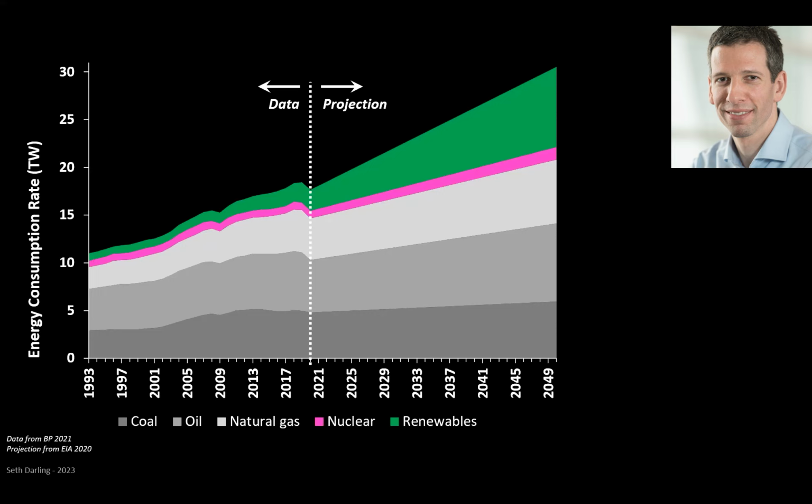Where does it come from? Today, all those shades of gray are the fossil fuels. That's where most of our energy comes from today. That's probably not a surprise for most of you. That's what got us into this mess. That's where all that carbon in the atmosphere is coming from. What might surprise some people is the projection going forward that this is not using less fossil fuels. It's actually a projection that we're going to increase our fossil fuels.